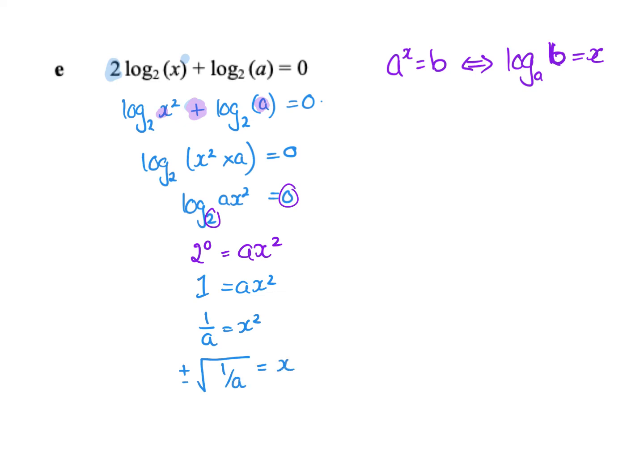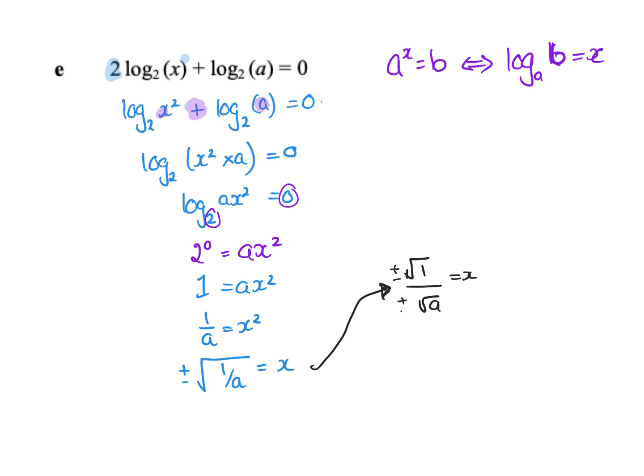Now, sometimes you can get multi-choice where this could be written in a few different ways, so I'm going to show you those. First we could have it like this, what we found. Next it could be the square root of 1 over the square root of a equals x, and this is plus or minus.